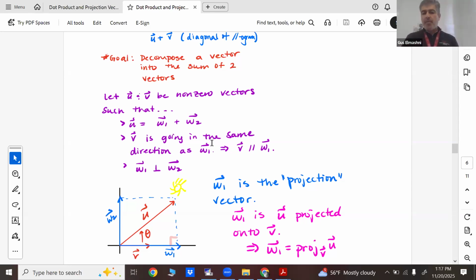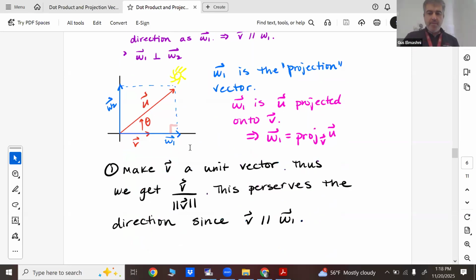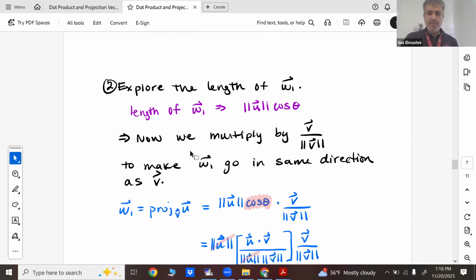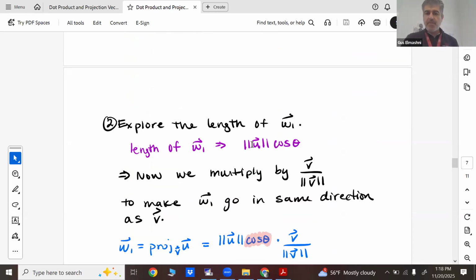But how are you making it bigger? You're making it bigger based upon this vector. This W1 came from u, right? How's W1 related to u? It's a horizontal component. How do I solve for W1? Wouldn't I use cosine theta? Isn't cosine theta W1 over u? So W1 is u times cosine theta. Yeah, u cosine theta.